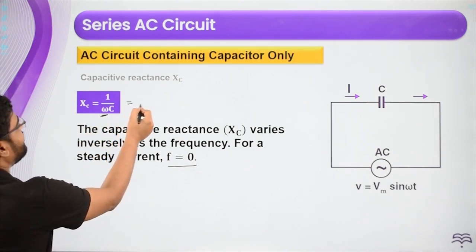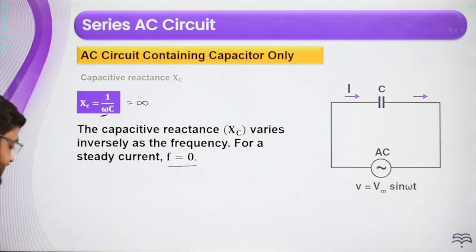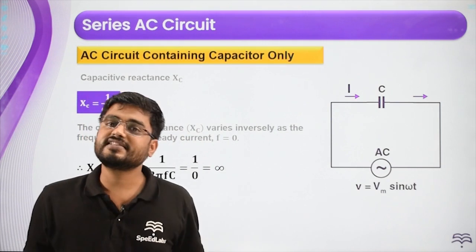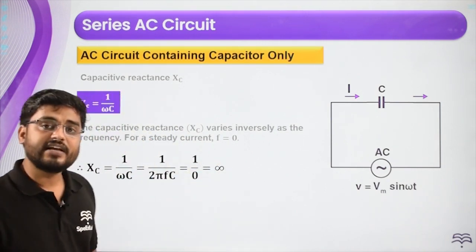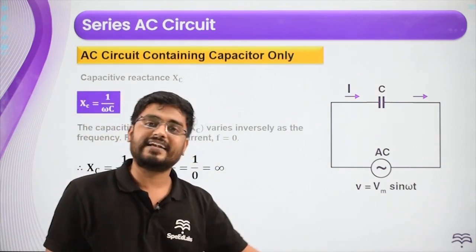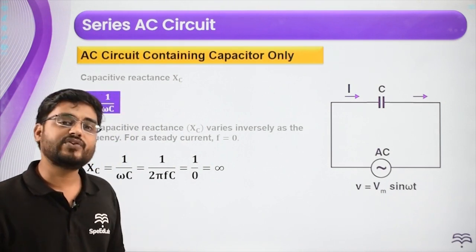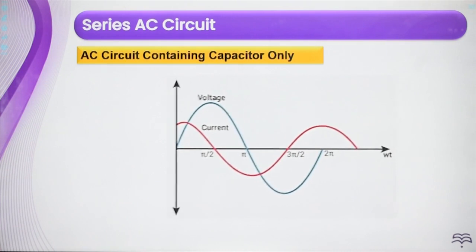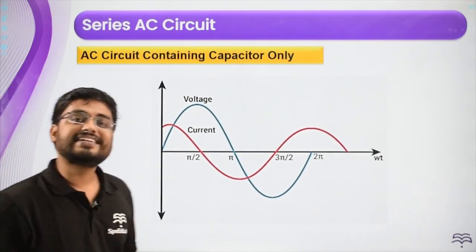What does this mean? It is infinity, which means it will oppose infinitely. It will not allow current to flow at all. Okay, so no current will be flowing when a capacitor is connected across a DC source.